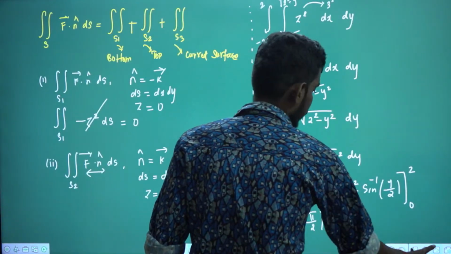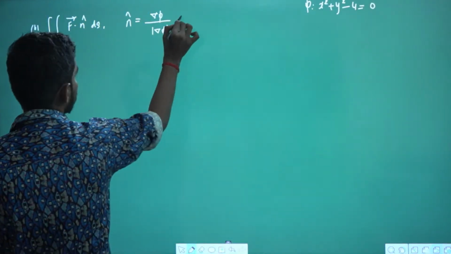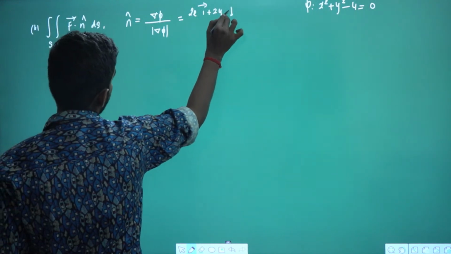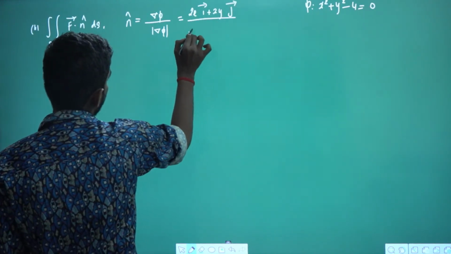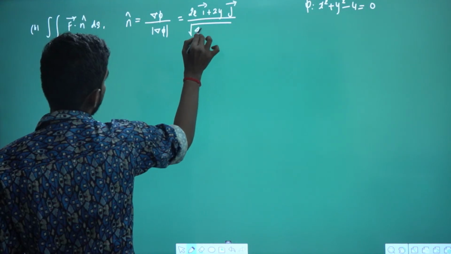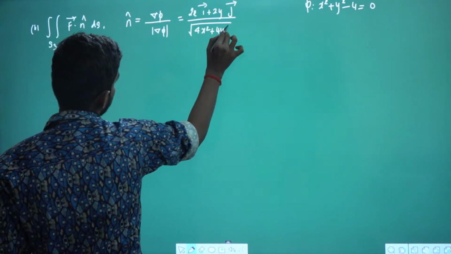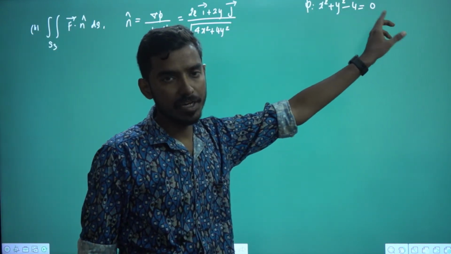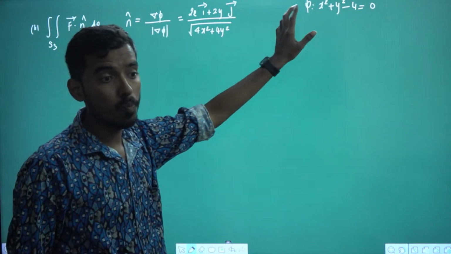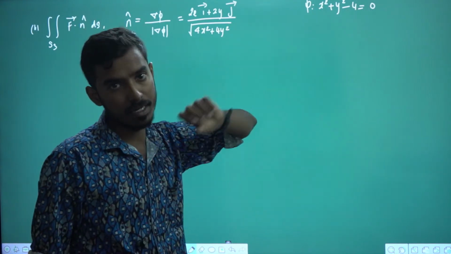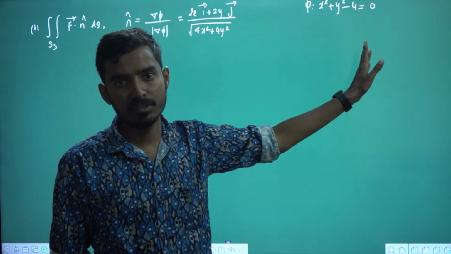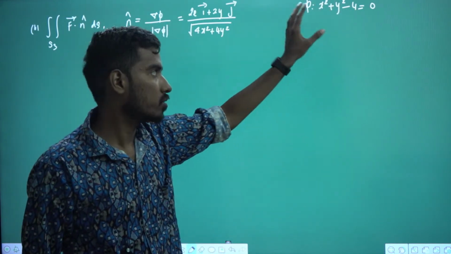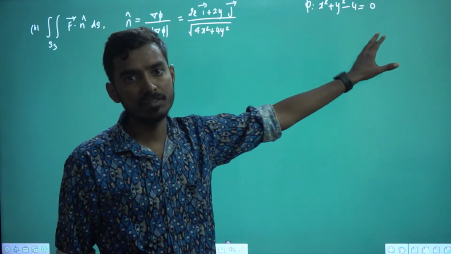Now find the gradient for this. Gradient, you know, is dou by dou x of this into i vector plus dou by dou y of this into j vector plus dou by dou z of this into k vector. So dou by dou x of this is 2x i vector plus dou by dou y is 2y j vector.